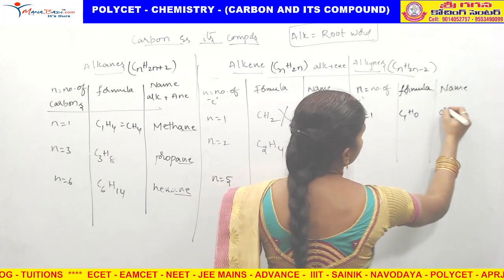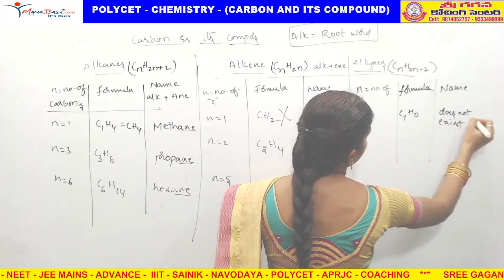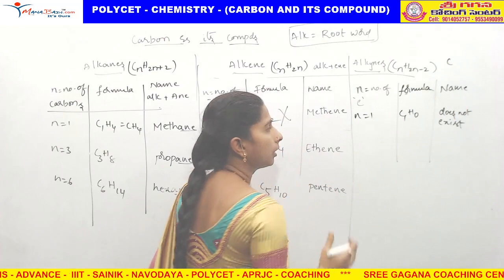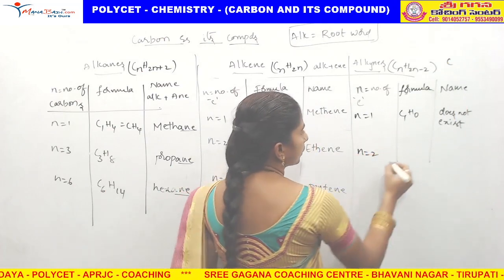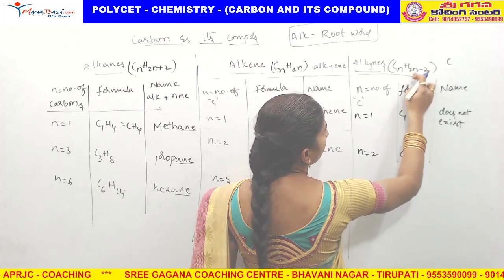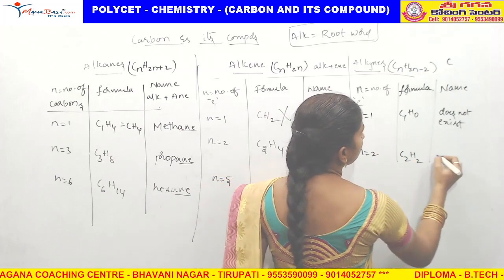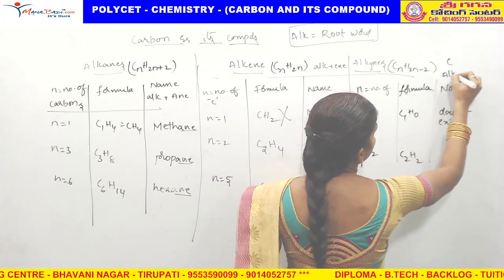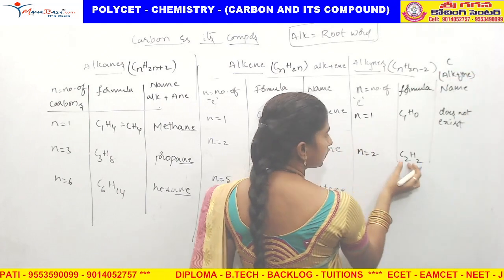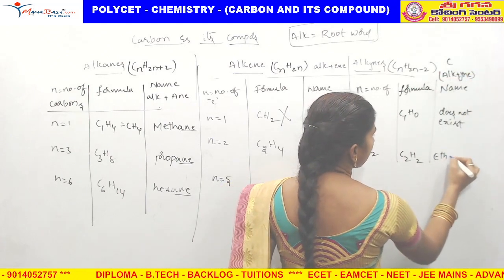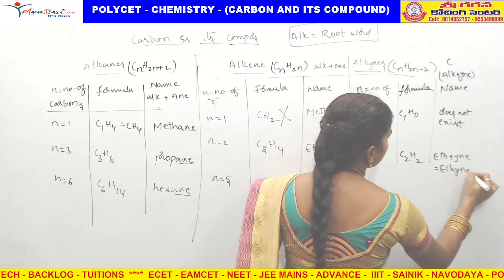So it does not exist. Only carbon without any bond does not exist. n is equal to 2. C2, 2 times 2 is 4 minus 2, H2. What is the name? Alk plus yne. For 2 carbons, eth plus yne, ethyne. Ethyne. Like that we need to write the name.